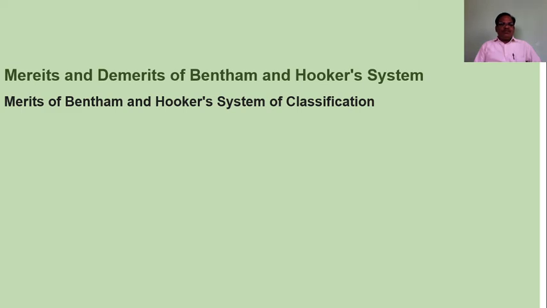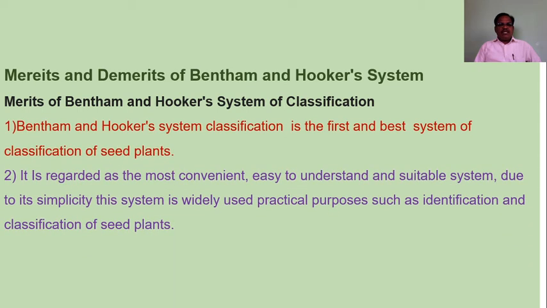Then one more thing, merits and demerits of the Bentham and Hooker system of classification. First of all, we are going to discuss the merits. The Bentham and Hooker system of classification was the first and best system of classification because they took 25 years of effort in preparing this system, and maximum characters are taken under consideration for plant classification.